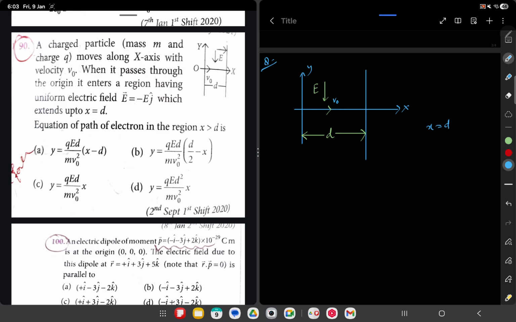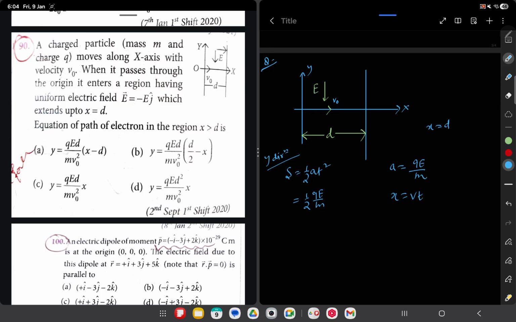For the y coordinate, there is no component of velocity along the y direction, so you may clearly write s is equal to ut plus half at square, u is 0, half at square for the y direction. a is equal to qE by m, so half q by m into t square. The t should be replaced. x is equal to vt.